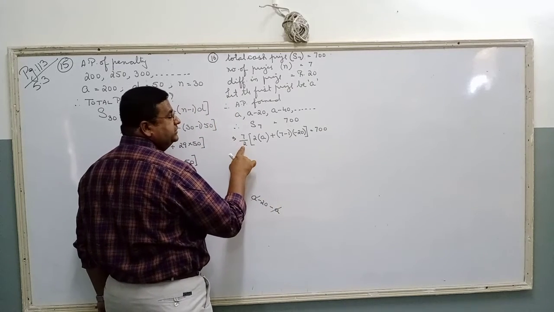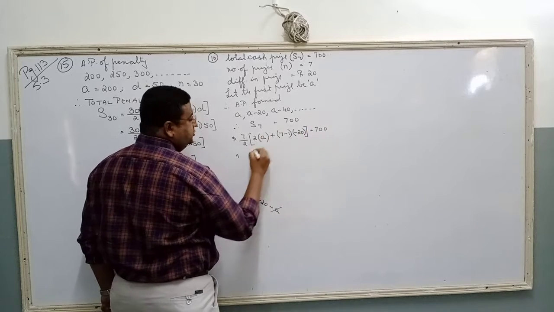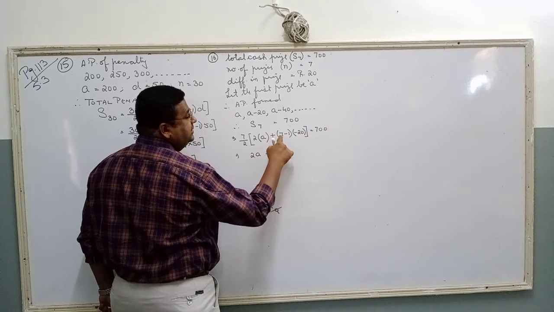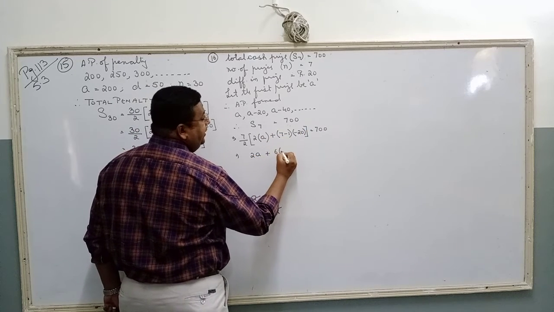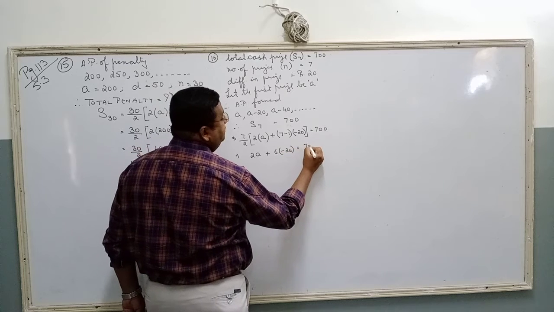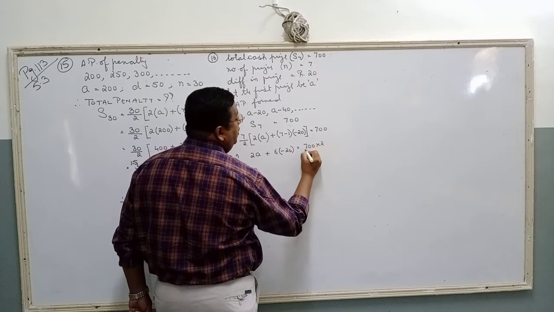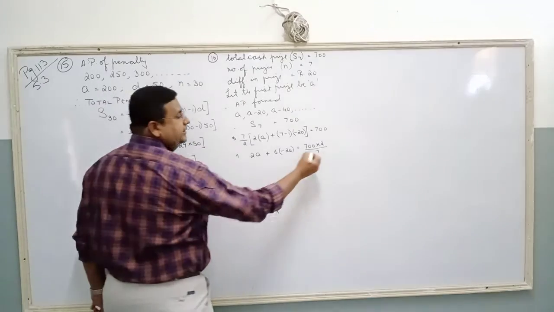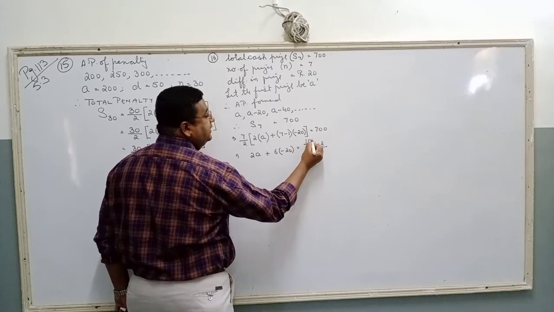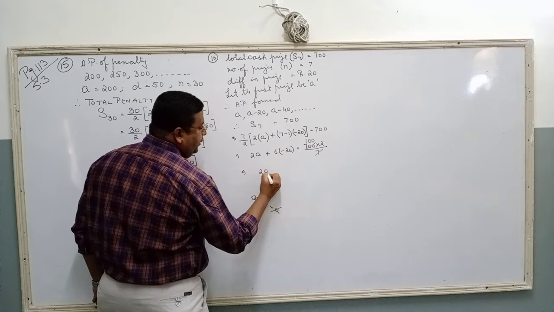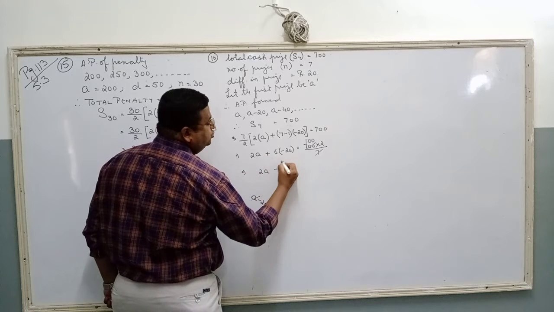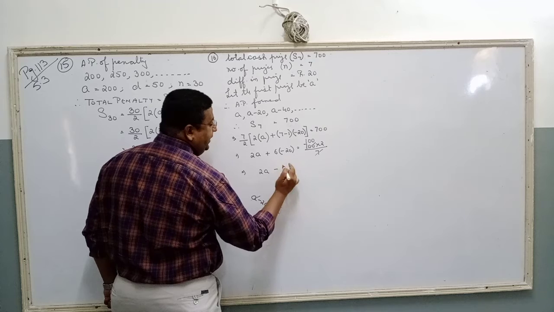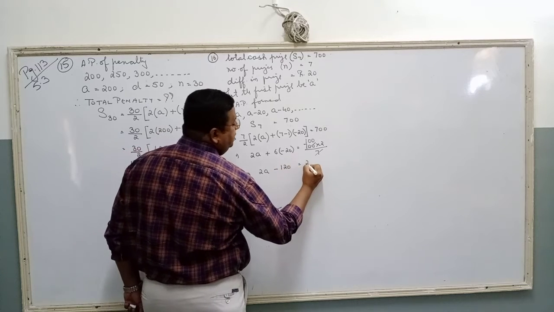Transpose: 7 by 2 is in division, so it goes to the other side in multiplication. 2A plus 7 minus 1, 6 into minus 20 is equal to 700 into 2 upon 7. Right? 7 ones are 7, 700s are 100. So 2A plus 6 into minus 20, minus 120, is equal to 200.